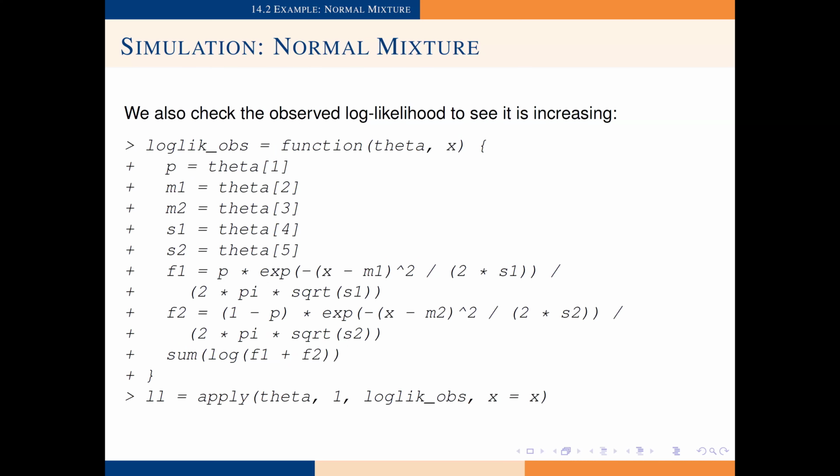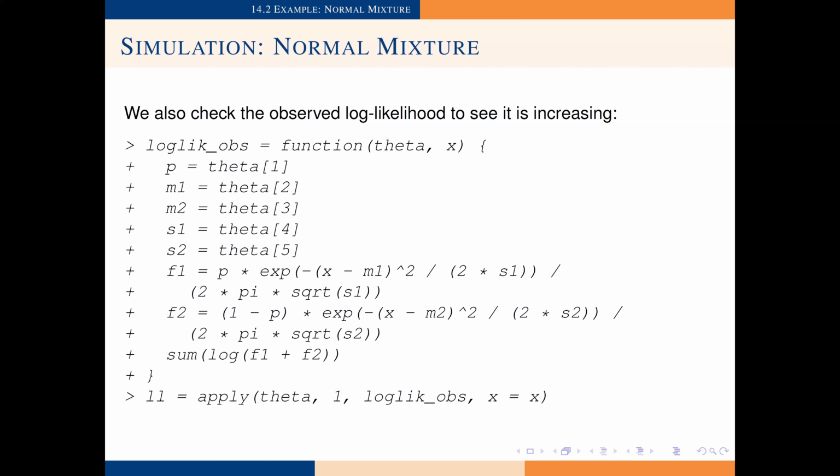What we can also check in the EM algorithm is whether the observed log likelihood does seem to be increasing in each EM iteration. So let's recall that the observed log likelihood is going to be the sum over all of the observations of the weighted version of the densities. Right?